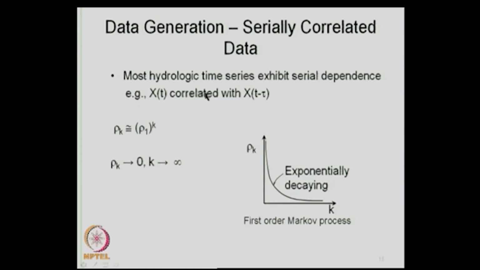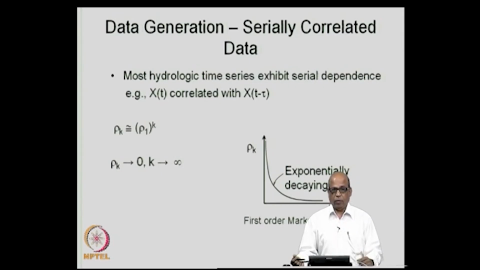Because most hydrologic time series are serially correlated, that is, x t is correlated with x t minus tau, we use several data generation methods based on serially correlated data. The first one that we are introducing, which is very commonly used in hydrology, is based on the first order Markov process.